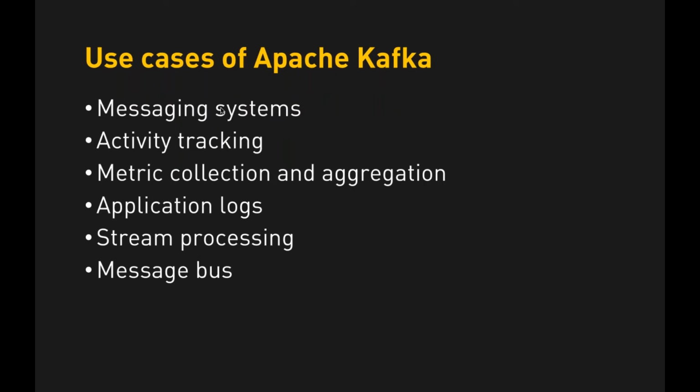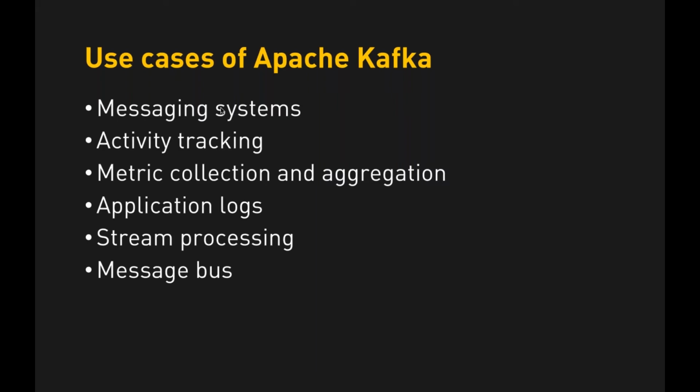First thing, it is basically a messaging broker. So any system that is heavily dependent on sending messages back and forth can leverage Apache Kafka. Activity tracking, for example, in e-commerce portals and heavy traffic websites, the clickstream analysis can be done by sending the data to the processing systems via Kafka.